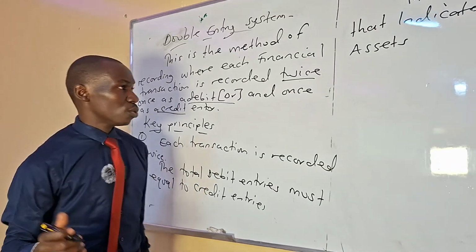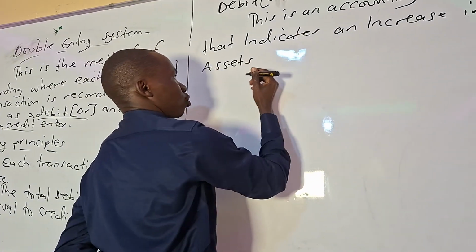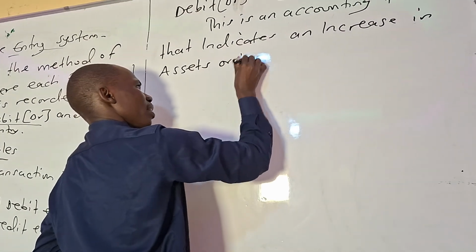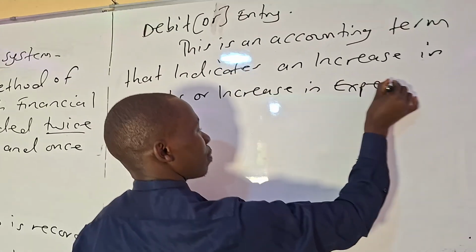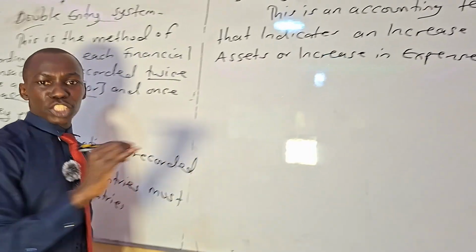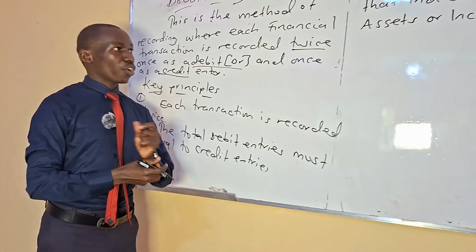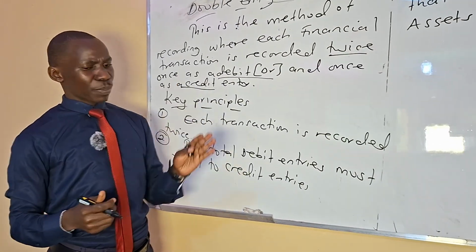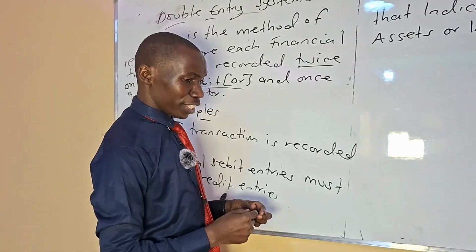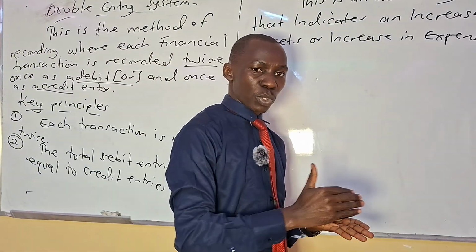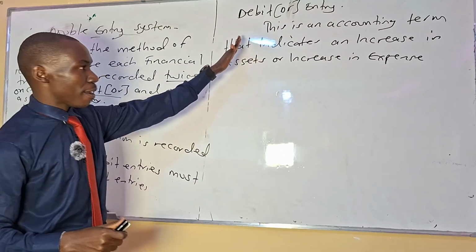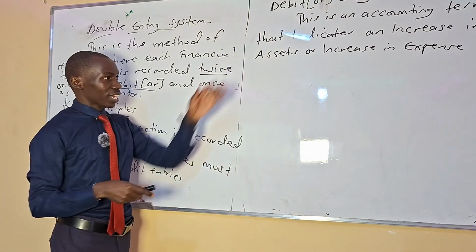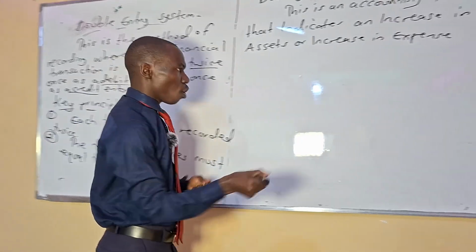We shall see that using some illustration. Or an increase in expense. When an expense is increasing, we debit on our account. An expense could be salaries and wages, water bills, transport, any form of expense, we come here and we put it on the debit side of the account. We are going to see that as we move on.